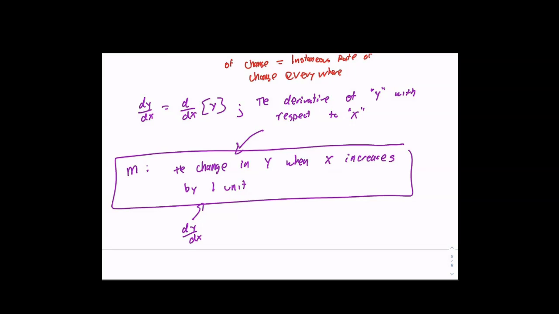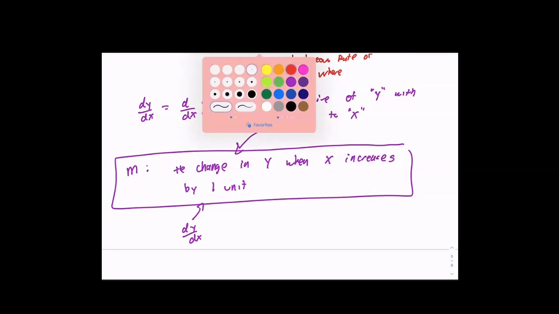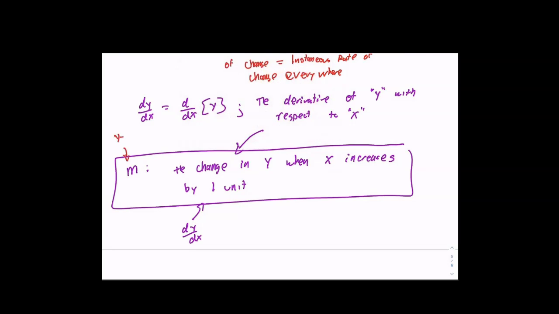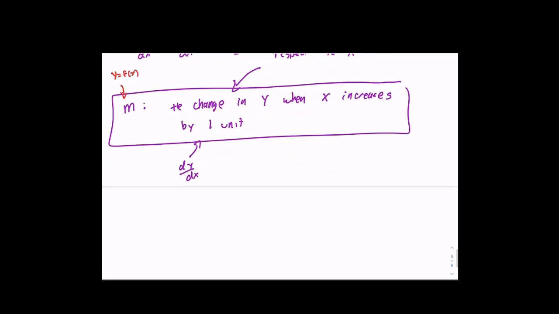It is the change in y when x increases by 1 unit. Most of you define the slope as this, because whenever we were talking about slope, we were always talking about y as a function of x.